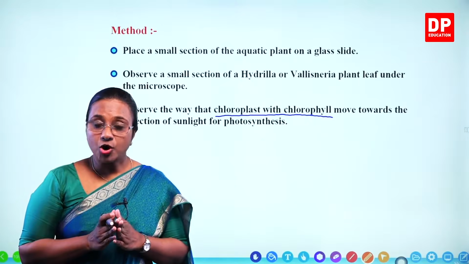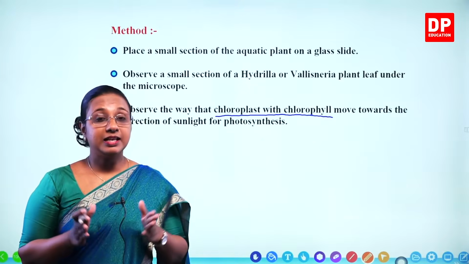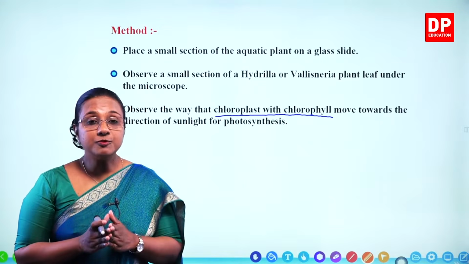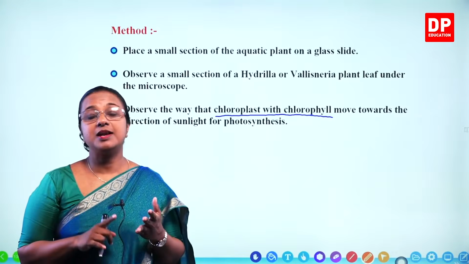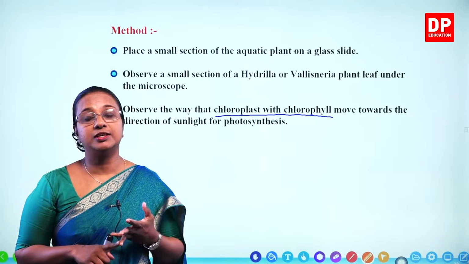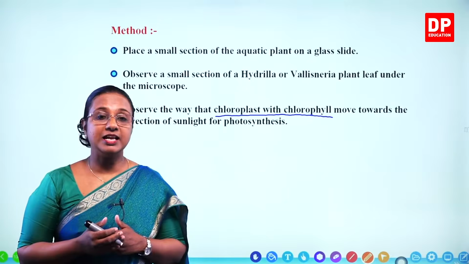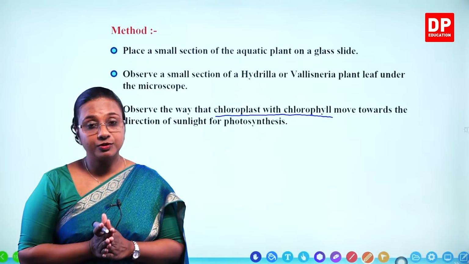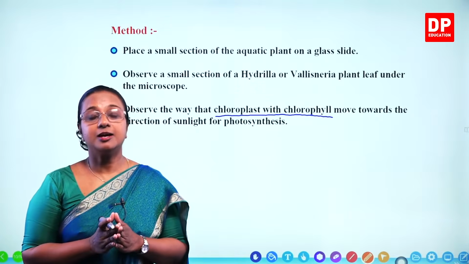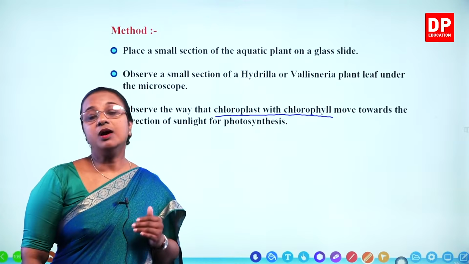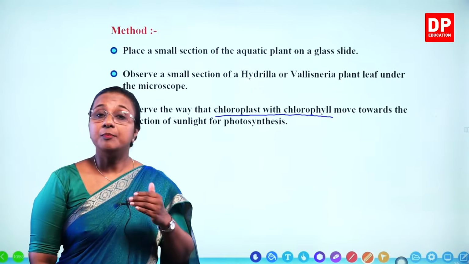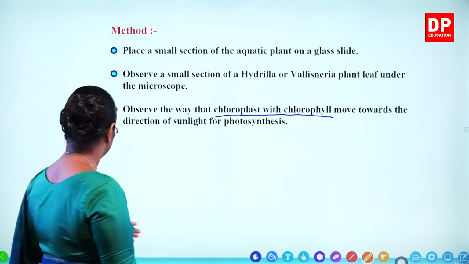So, as we have already discussed, the green plants produce food using carbon dioxide and water in the presence of light within the chlorophyll that is present in chloroplast. Now, we will discuss the products of photosynthesis.